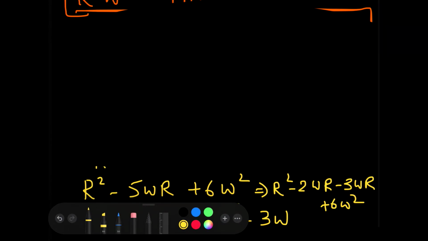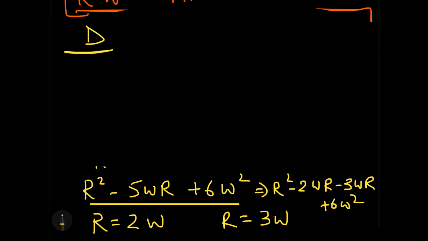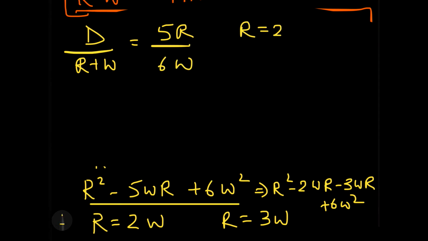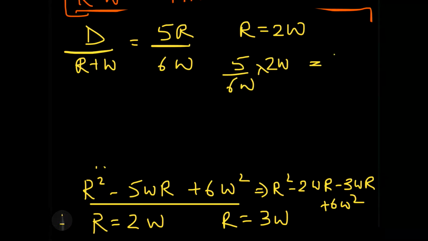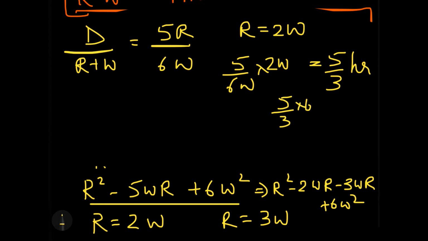Now we will put it in the formula of d by r plus w is equals to 5r by 6w, and when I put the value of r as 2w, I get the time as 5 by 6w into 2w, which is 5 by 3. This 5 by 3 is hours. So if I convert it into minutes, I would be getting as 100 minutes.